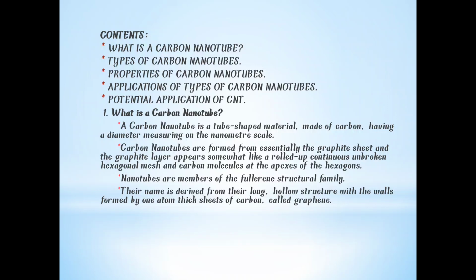Nanotubes are members of the fullerene structural family. Their name is derived from their long, hollow structure with the walls formed by one-atom-thick sheets of carbon called graphene.